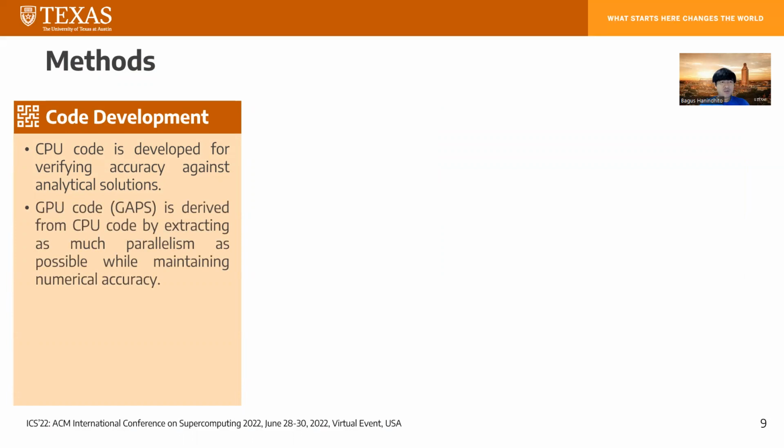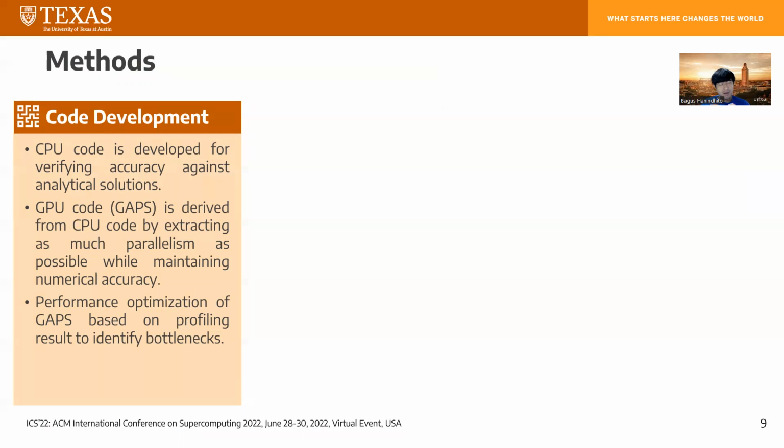So basically we try to extract as much parallelism as possible and map this parallelism onto GPUs while maintaining the numerical accuracy. Then we profile this baseline implementation, and the result of profiling is used to do performance optimization to get even faster speedup over CPU.